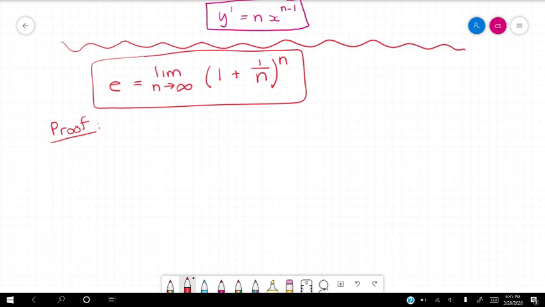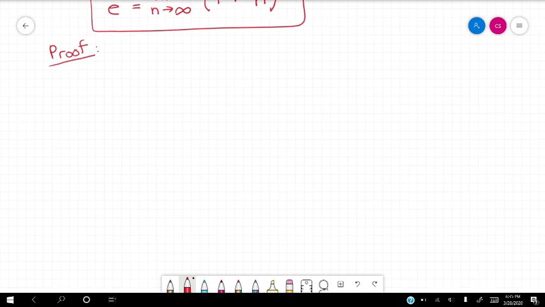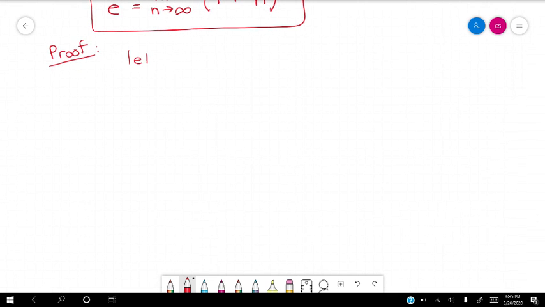Okay, so we're going to start off, and let's let a function f be equal to the natural log of x. All right, and that means the derivative of that function is 1 over x. That means the derivative at 1 is equal to 1. Okay, so just 3 little facts that we can make from that very first assumption.